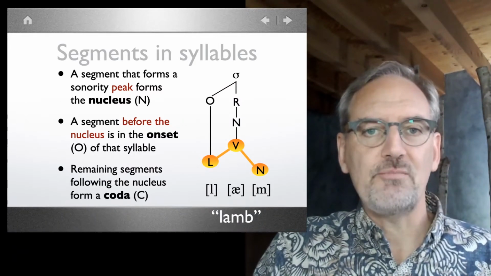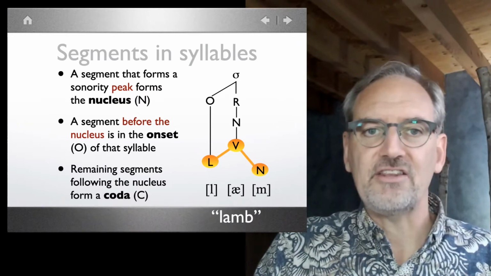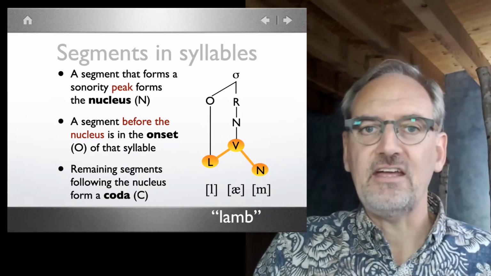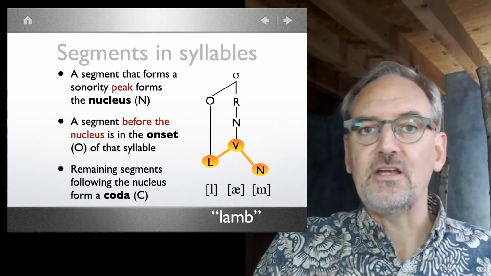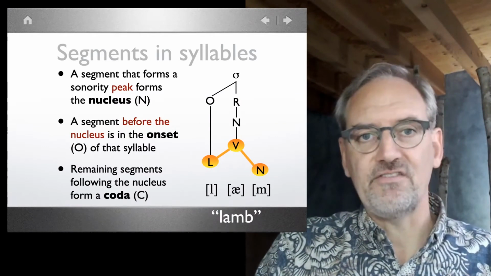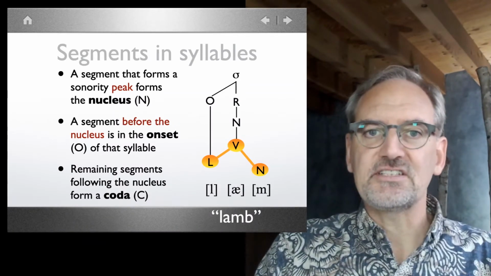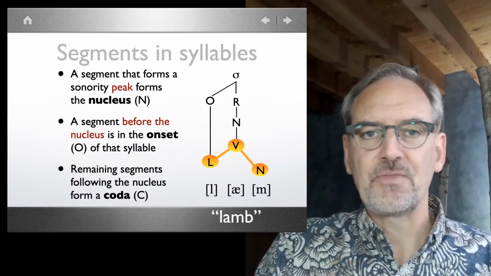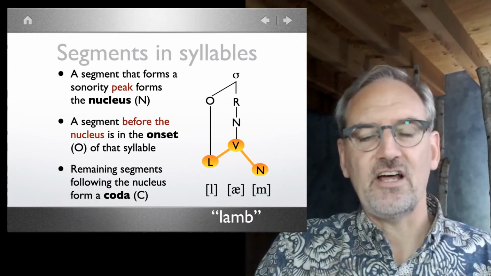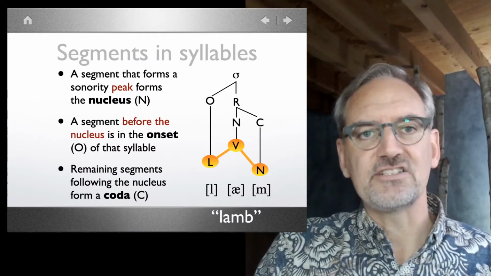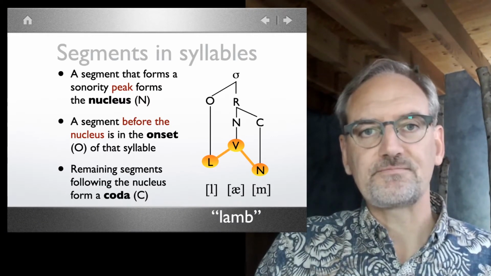And then finally, any remaining segments that are neither included in the nucleus nor in the onset may, in most cases, be included as the coda of the previous syllable. Right? So the M in this case comes after the nucleus, but it's not the onset of a following syllable, so it's included in this syllable as the coda of the syllable.